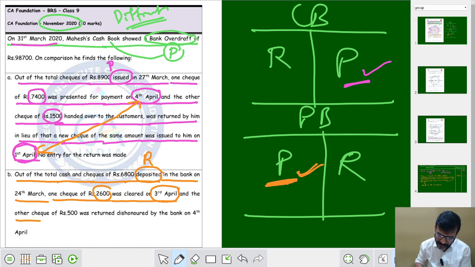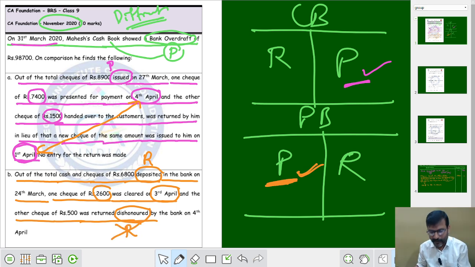And another check for 500 was returned dishonored. Oh, dishonor kiye. Dishonor matlab payment. But here I should not call it a payment. Why? Because it was dishonored by the bank on 4th April. Eppudu dishonor kiye? 4th April mein dishonor hua.